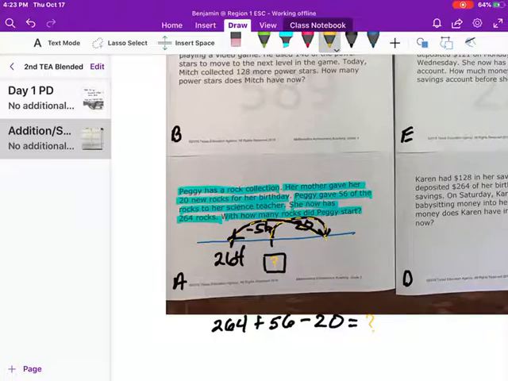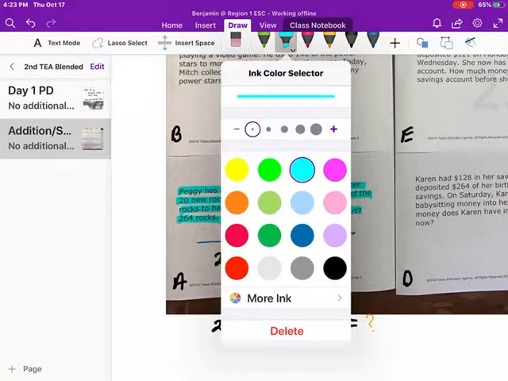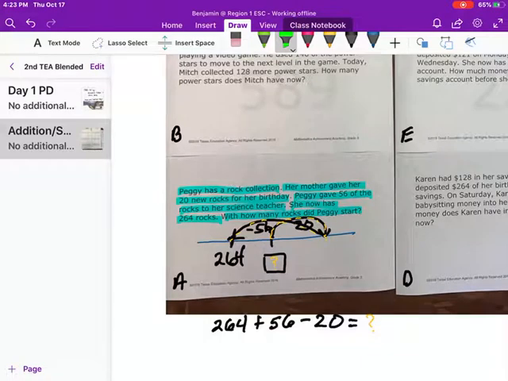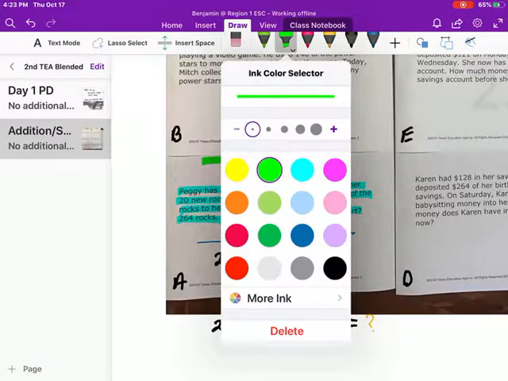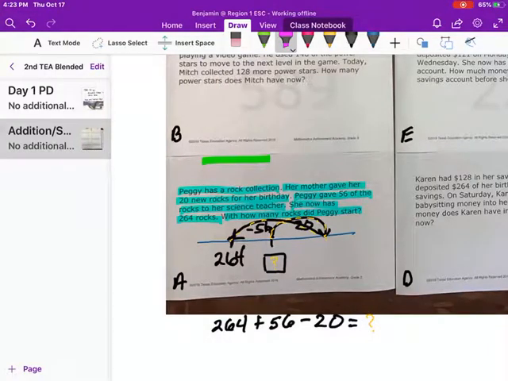Now modeling this using a bar diagram, let's start with Peggy has a rock collection. There's my rock collection. And her mother gave her 20 new rocks, so I know that is 20.